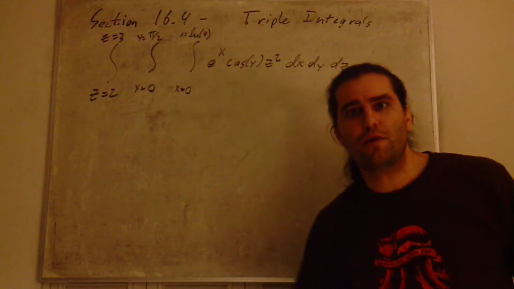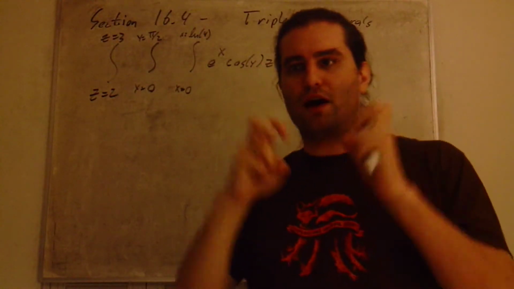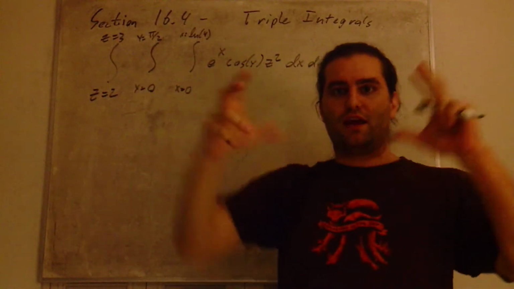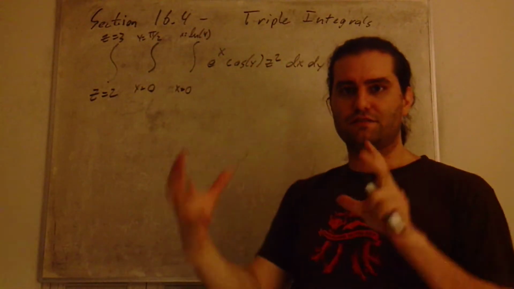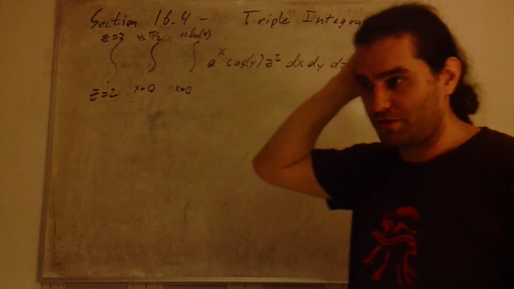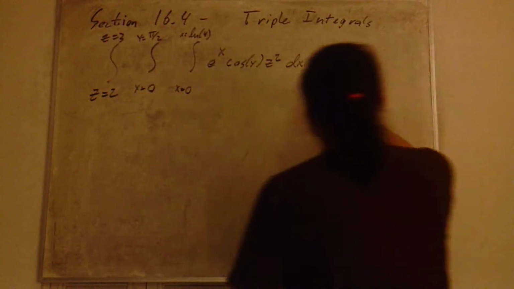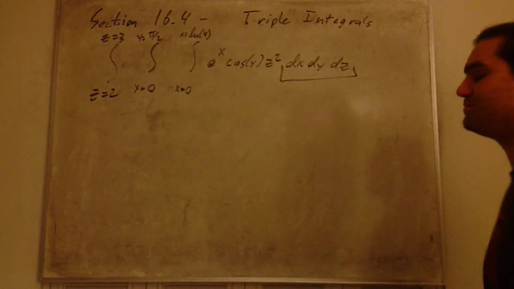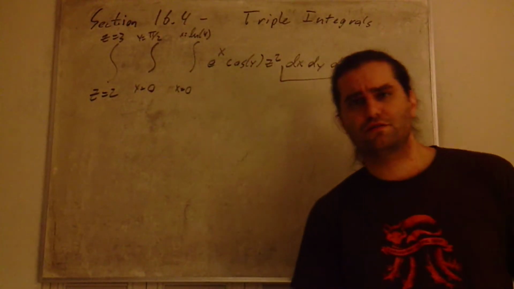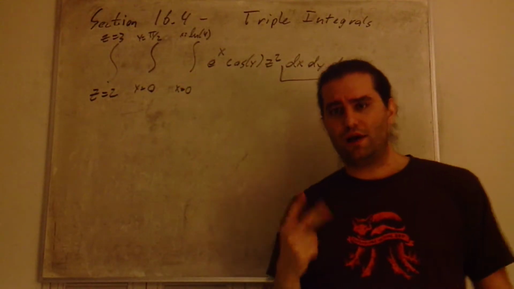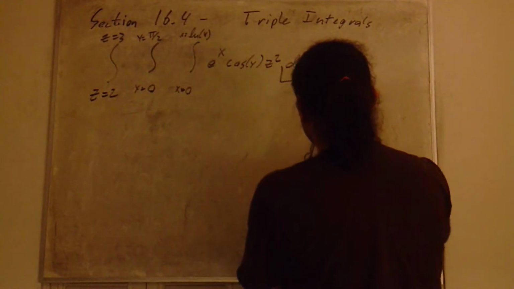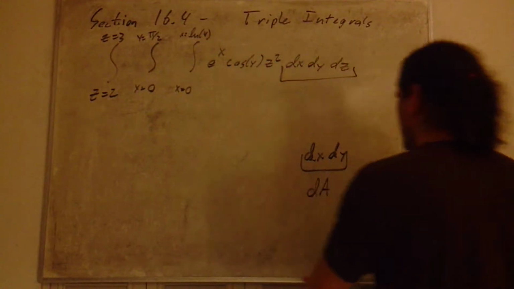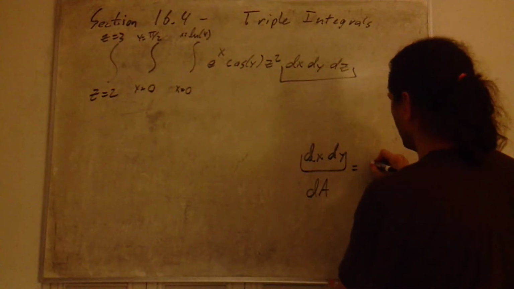Right, so let's talk more about the idea of a box. If these constant bounds create a large box space somewhere that we want something of, then we also need to talk about what this represents. In double integrals, we had dx dy, and the book referred to that as dA because this was a tiny chunk of area.